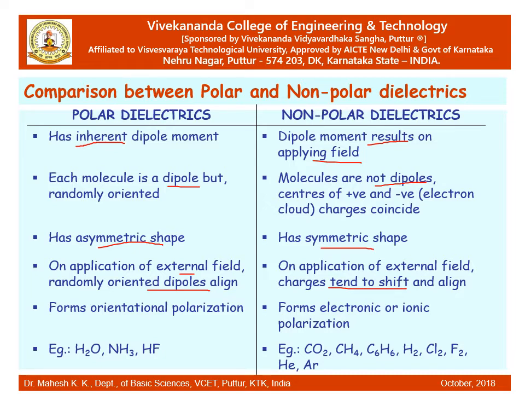Polar dielectrics form orientational polarization, but here electronic or ionic polarization are formed to have that dielectric property. Examples of polar dielectrics are water, ammonia and HF, and for non-polar they are carbon dioxide, methane, benzene, etc.